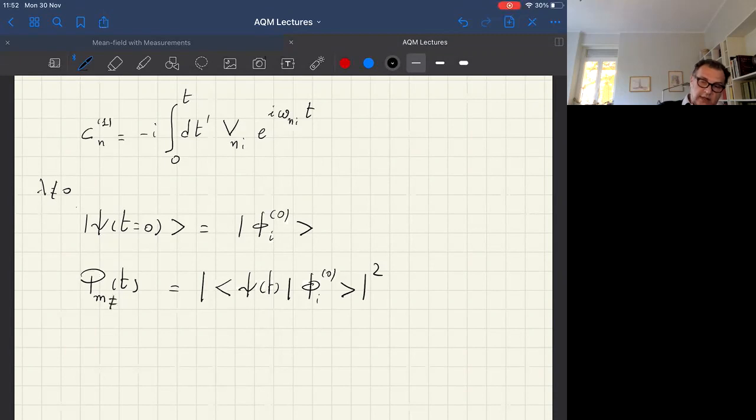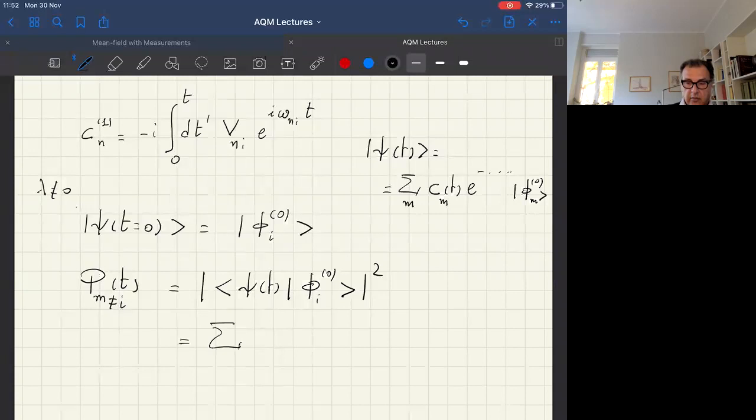Let's consider M different from I. Since we said that psi of t has the form of a sum over M of C M of t e to the minus i E M t phi 0 of M, when I do the scalar product, this is equal to the sum over M of C M of t, modulus squared.